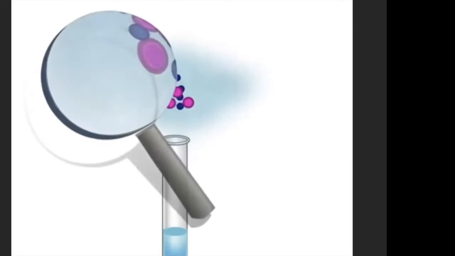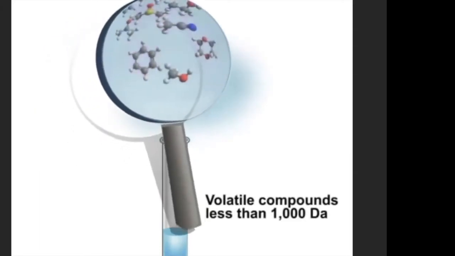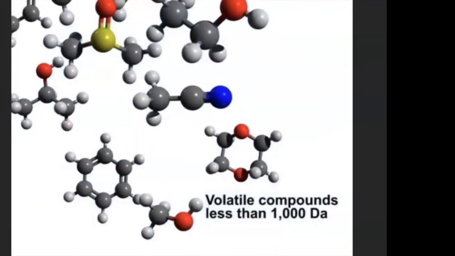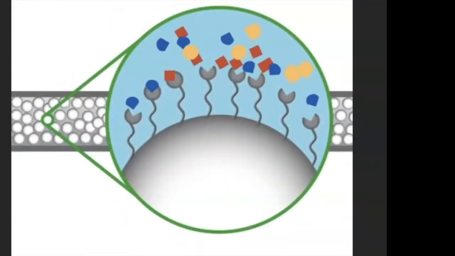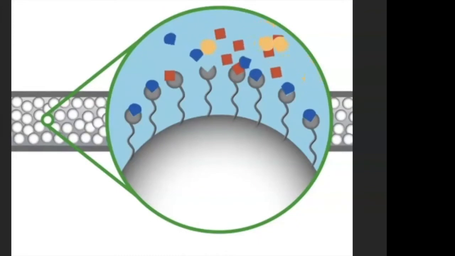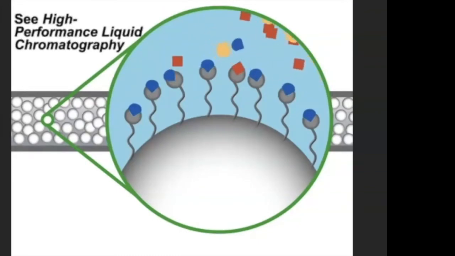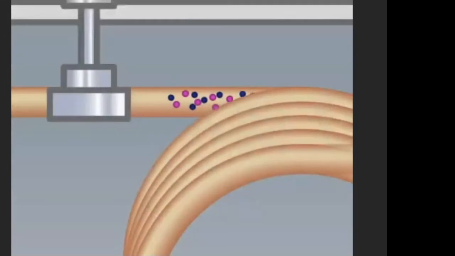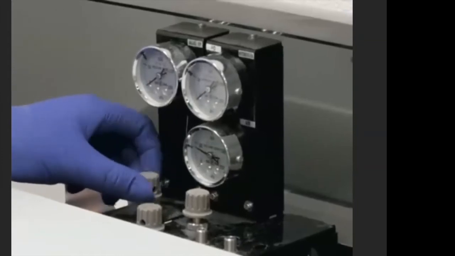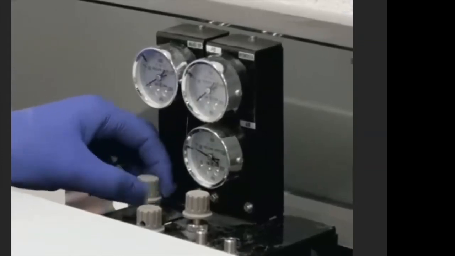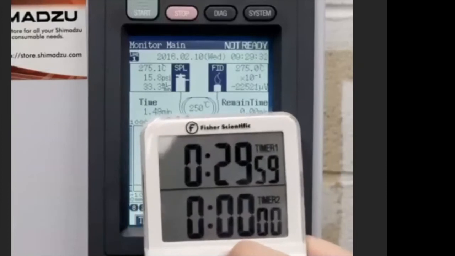Because GC requires analytes that are vaporized to the gas phase, the instrument is ideally suited for volatile, nonpolar chemicals less than 1,000 Daltons in mass. For larger, aqueous, or polar molecules that are difficult to vaporize, liquid chromatography is a useful alternative. This video will introduce the basics of gas chromatography and illustrate the steps required to analyze the chemical species in a non-aqueous mixture using a sample gas chromatograph.